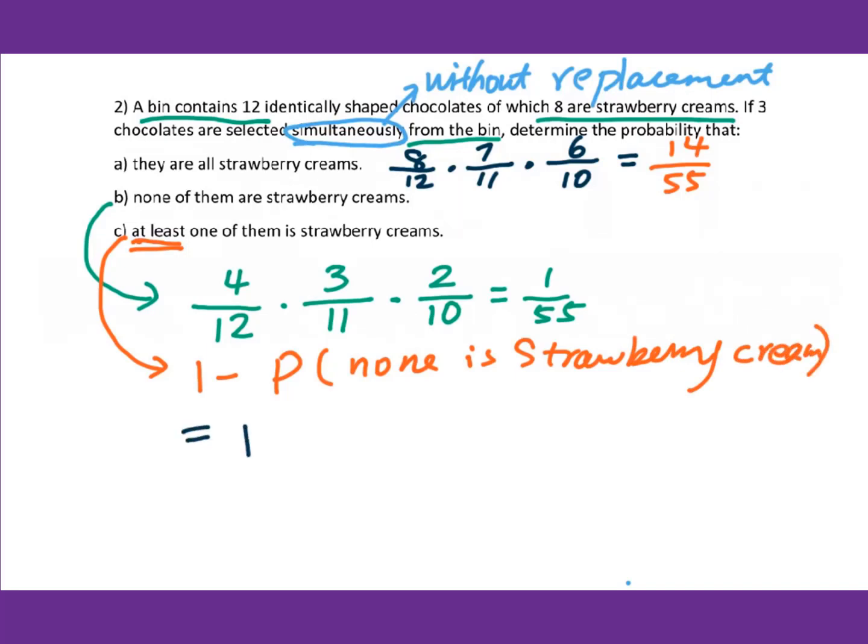Therefore, you will get 1 minus 1 over 55 equals 54 over 55. At least, when you do the probability, you have to do the subtraction.